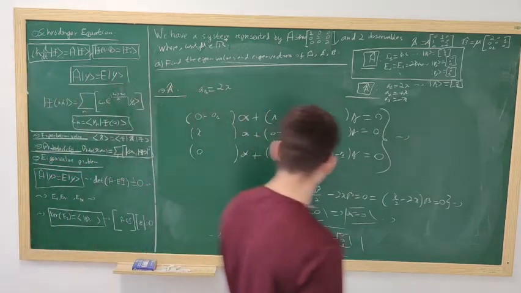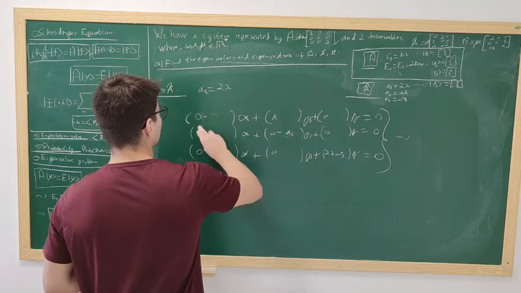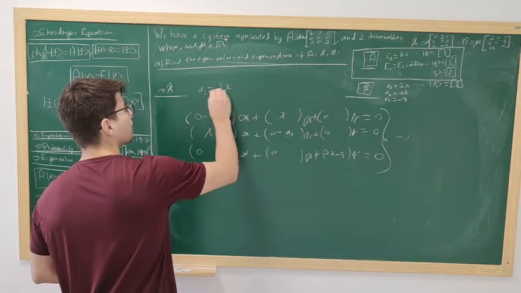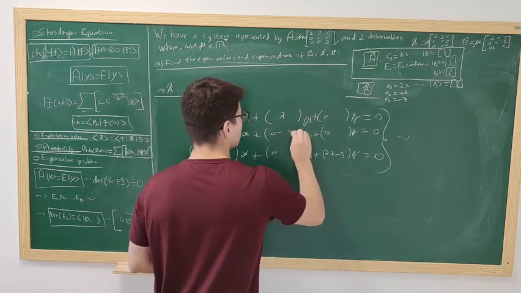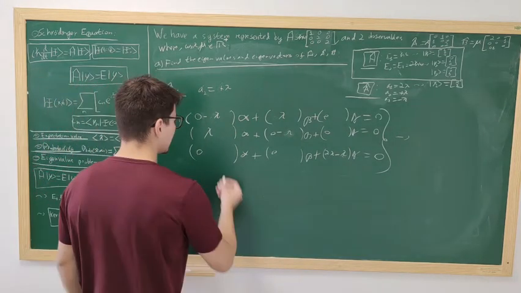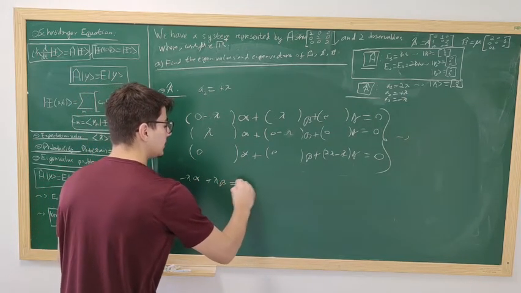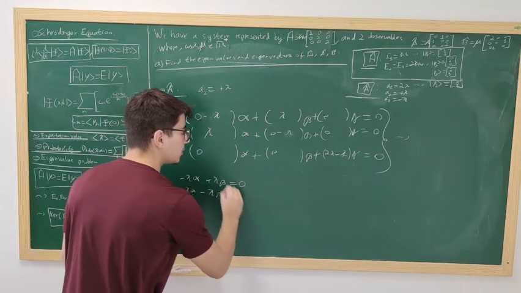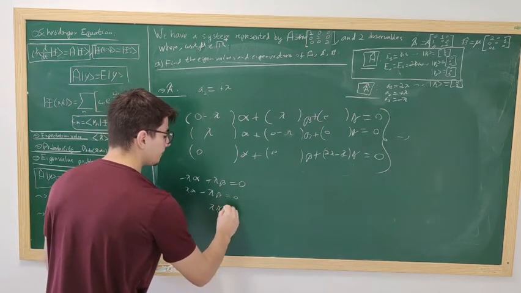Now, if instead of A1 we wrote A2, which is just plus lambda, we will have some lambda here, and some lambda. In this case, we get minus lambda alpha plus lambda beta equals 0, lambda alpha minus lambda beta equals 0, and lambda gamma equals 0.